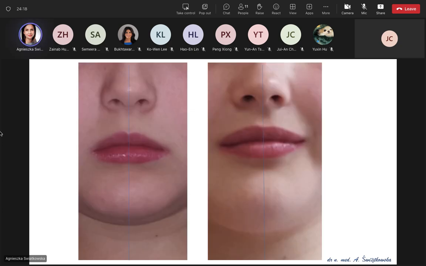And this is the same girl. You see her face before treatment and after treatment. It was symmetrical.